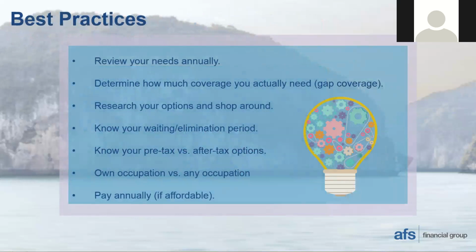A lot of things that are similar to life insurance, but one that I want to point out is as you get older, closer to retirement, oftentimes the long-term disability policy contract will say it will only pay to age 65 or maybe age 67 at the latest. A lot of them are just to age 65.